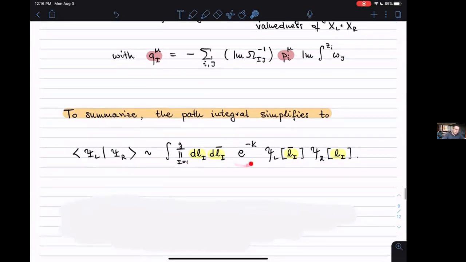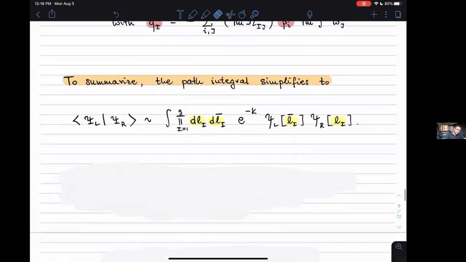And now we'll have this exponential of the Kähler potential as well as the wave functions, one of which depends only on one type of loop momentum and the other on the other. Okay, so now everything is expressed in terms of these L's.